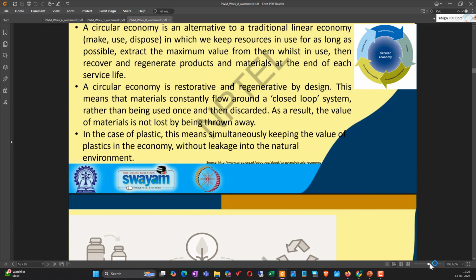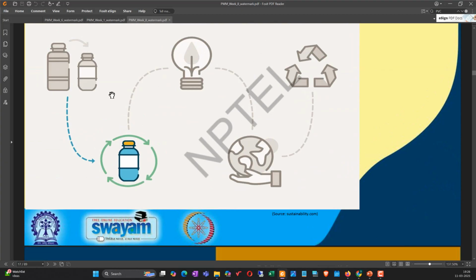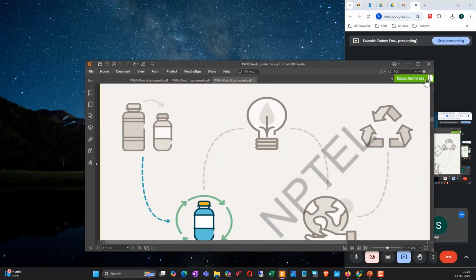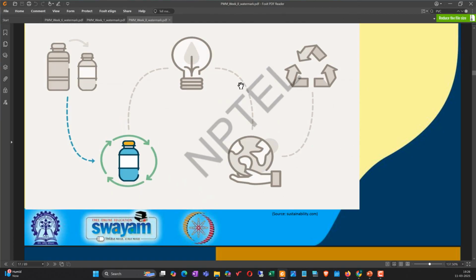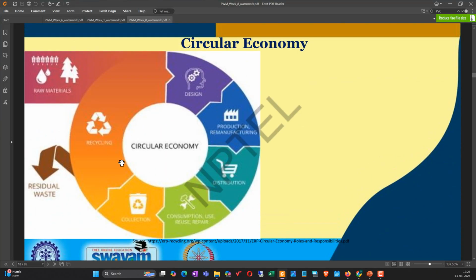So here you see the circular economy: recycle, design, production, the similar graph that we have just discussed.